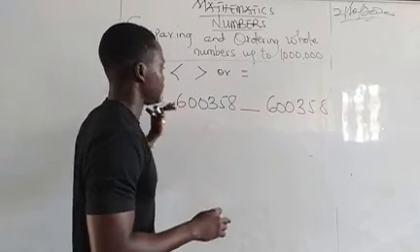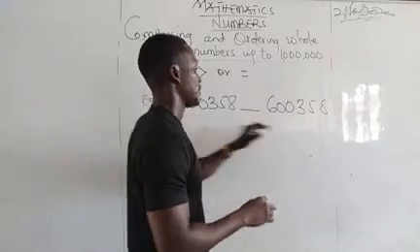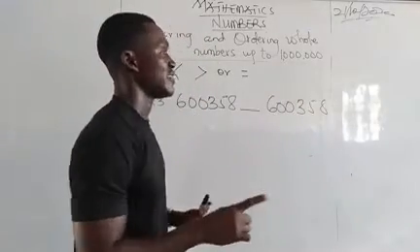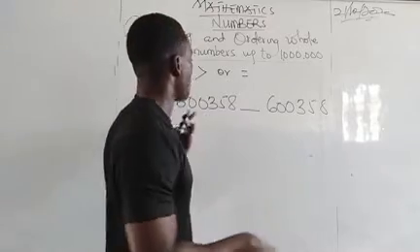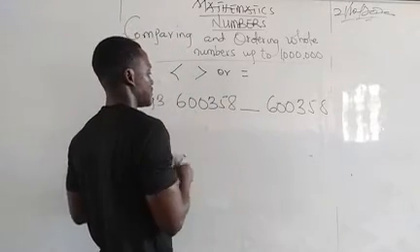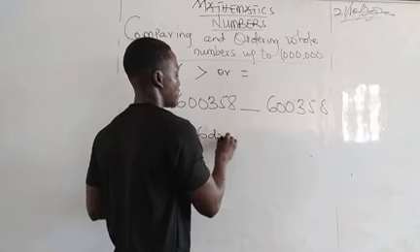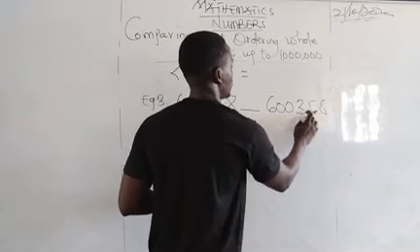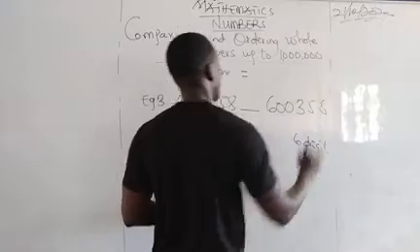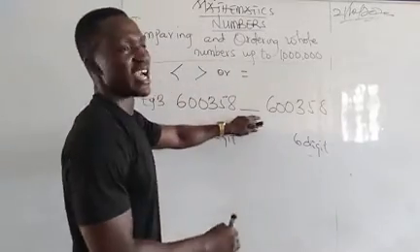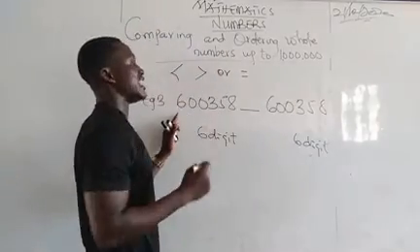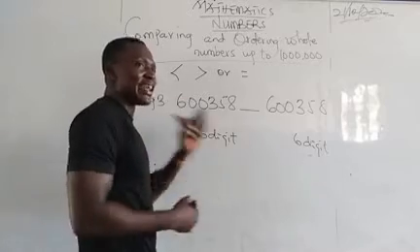We have to compare this and this. In the first rule, we first count the number of digits here: 1, 2, 3, 4, 5, 6. We have 6 digits. Then we have 1, 2, 3, 4, 5, 6, another 6 digits. So from there we can't make our sign straight because they all have the same number of digits. Then we move to the next rule, which says we should compare digit by digit.